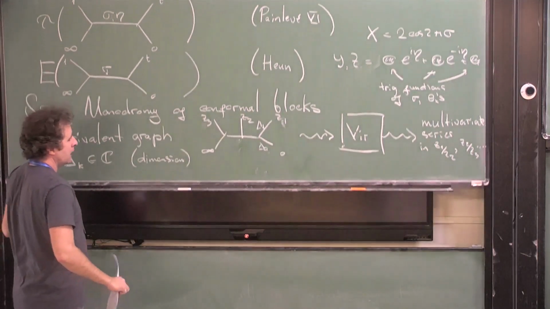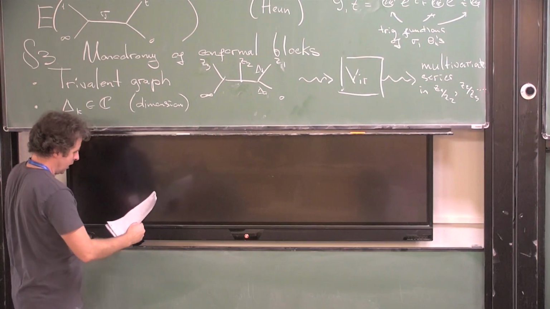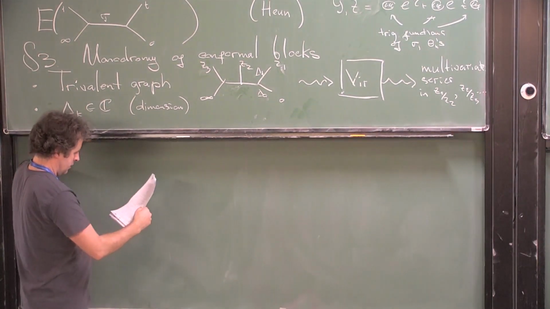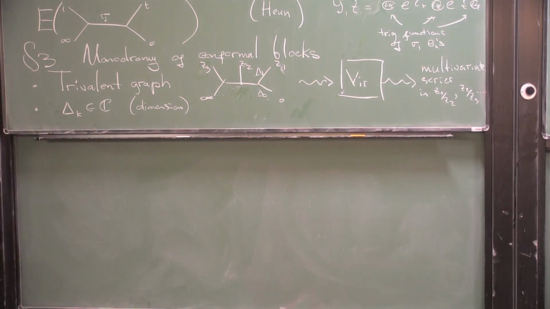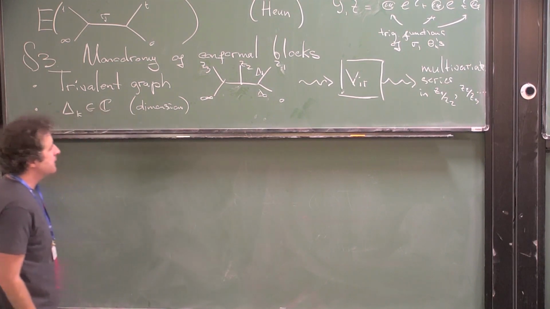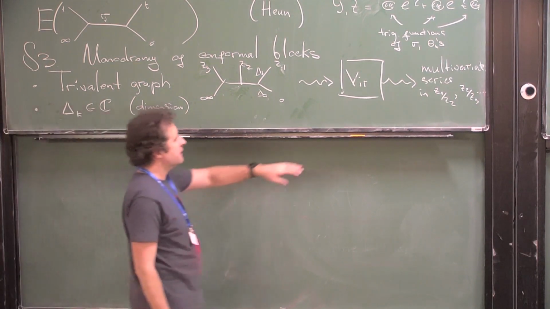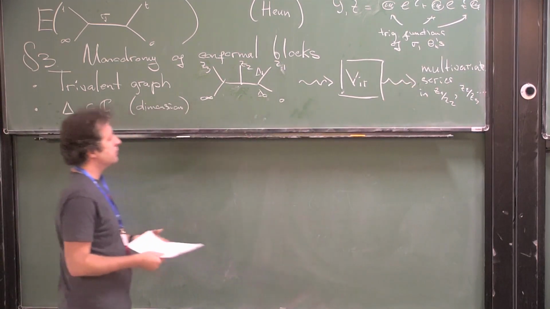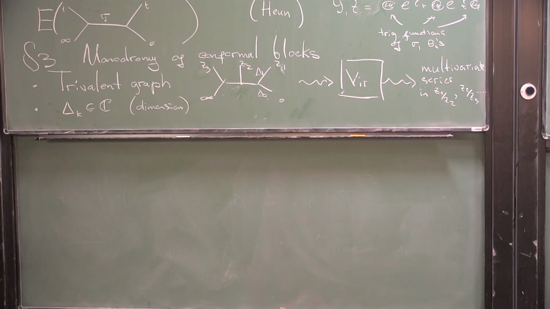Right. And so what makes conformal field theory so efficient in various aspects is that this multivariate formal series is expected to be actually an analytic function of all of the variables.